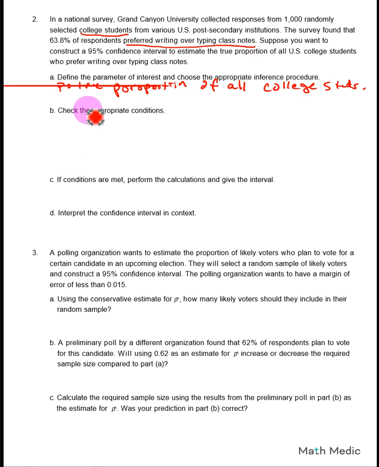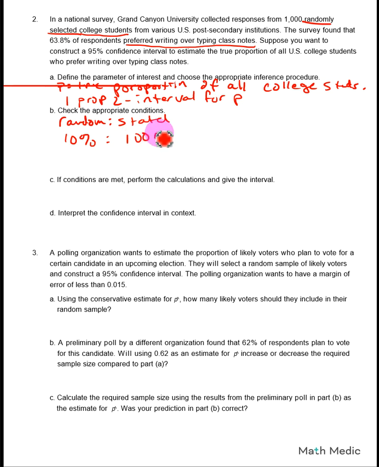The inference procedure we're going to do is a 1 prop z interval for p. So we need 3 conditions. Random should say randomly selected. So that is stated. 10% condition, 1,000 is less than 10% of all college students.